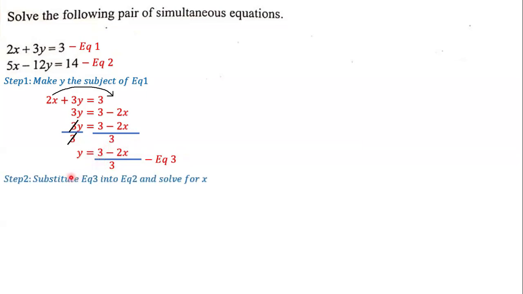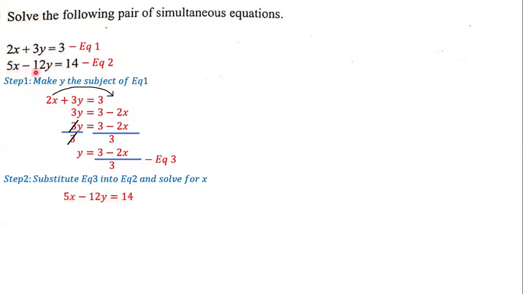Next, we're going to substitute equation 3 into equation 2 and solve for x. We take equation 3 and put it into y in equation 2, where we have 5x minus 12y is equal to 14.